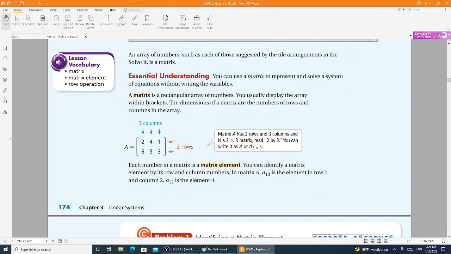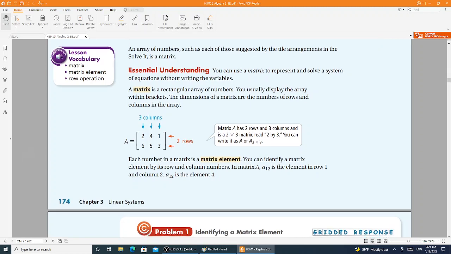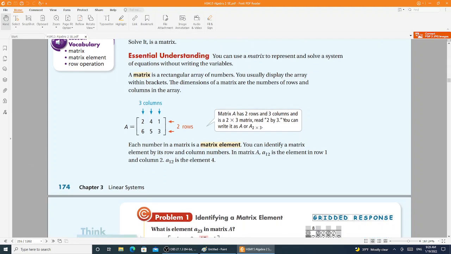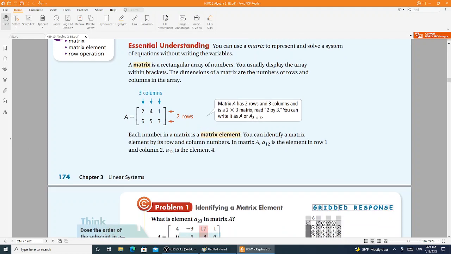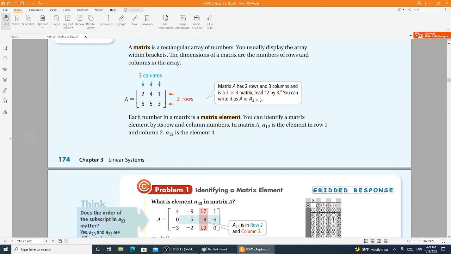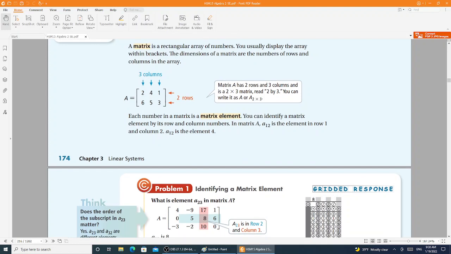A matrix is a rectangular array of numbers. You usually display the array within brackets. The dimensions of a matrix are the numbers of rows and columns in the array. Look at this matrix A equals 2, 4, 1, 6, 5, 3.